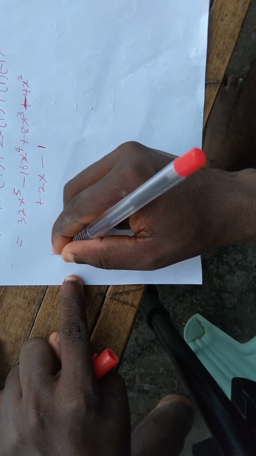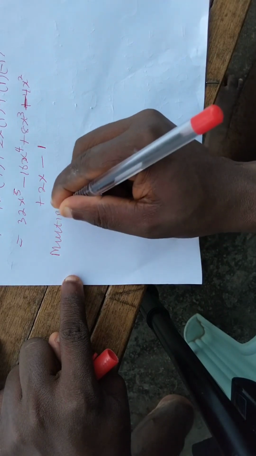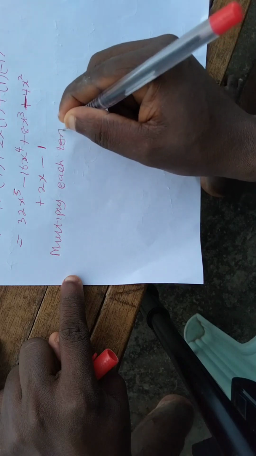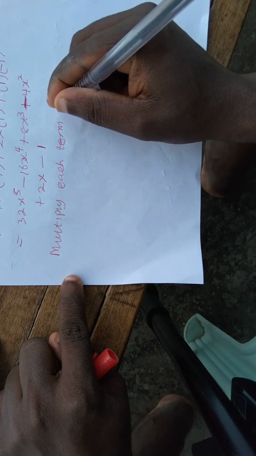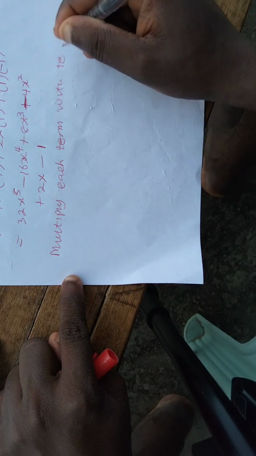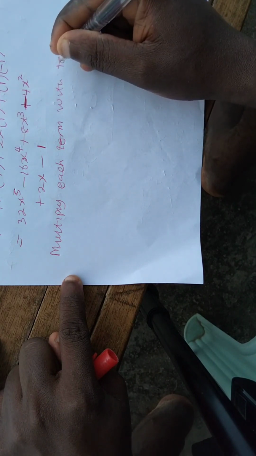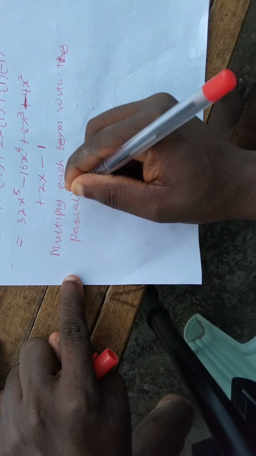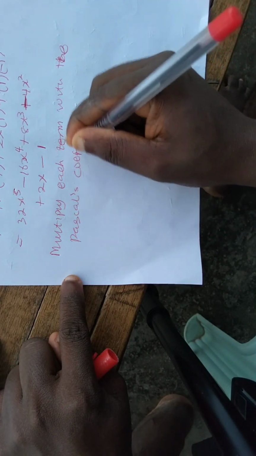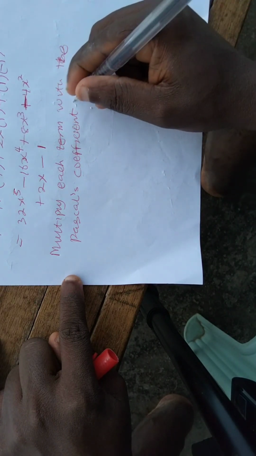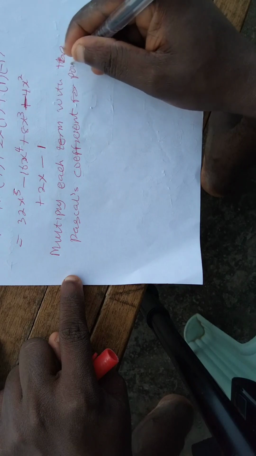So multiply each term with the Pascal's coefficient for power 5.